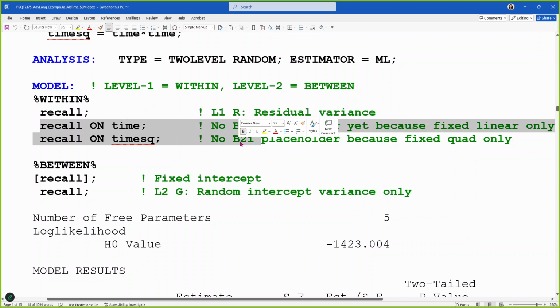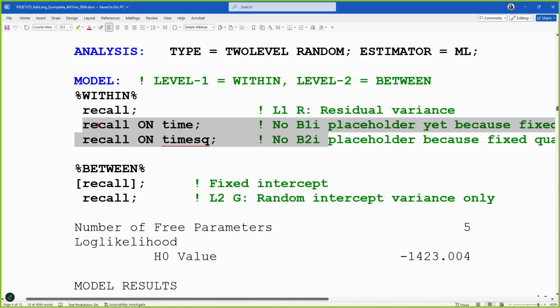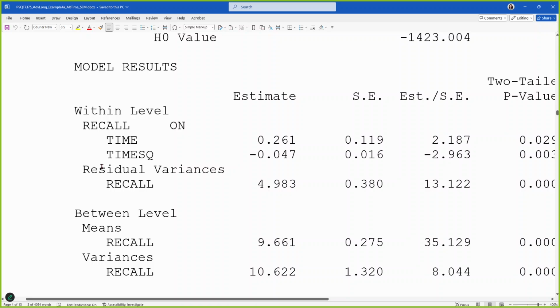Okay. Now, your question, Kendall. No bars. This is one way of specifying level 1 fixed slopes. So I don't have a name and a bar, I just have the slope. So what's going to happen is that this way of specifying it will result in those fixed slopes being put in the within model part of the results.